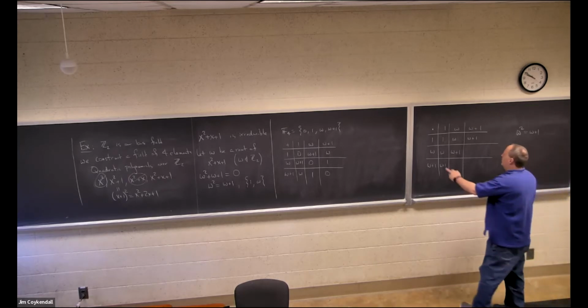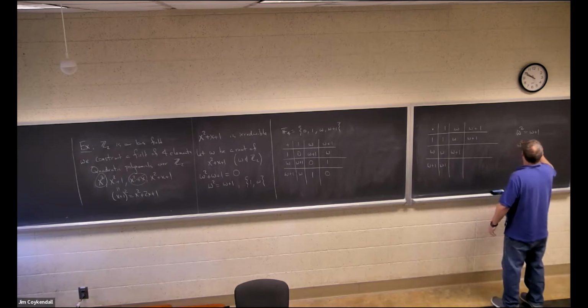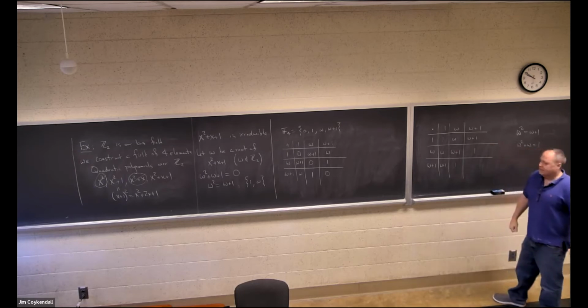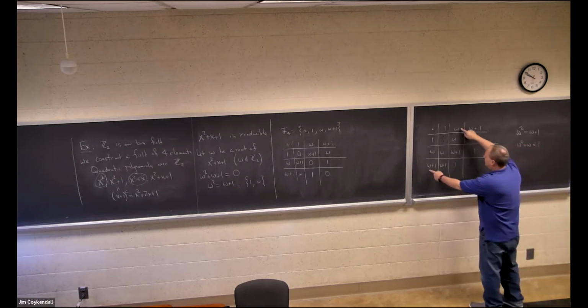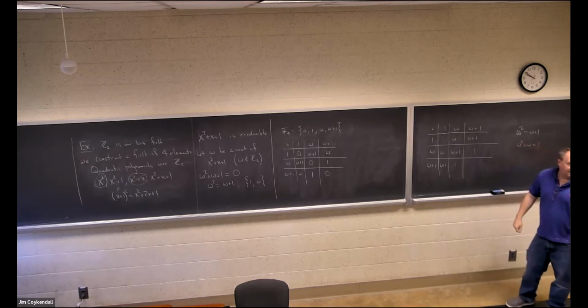What happens when I multiply omega times omega plus 1? I get omega squared plus omega, which is 1. And look at that. This means that omega and omega plus 1 are inverses of each other, which is what I need in a field.